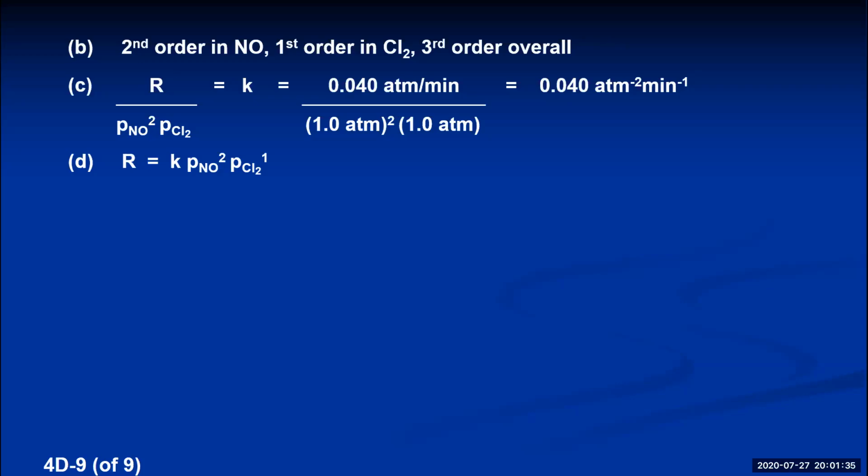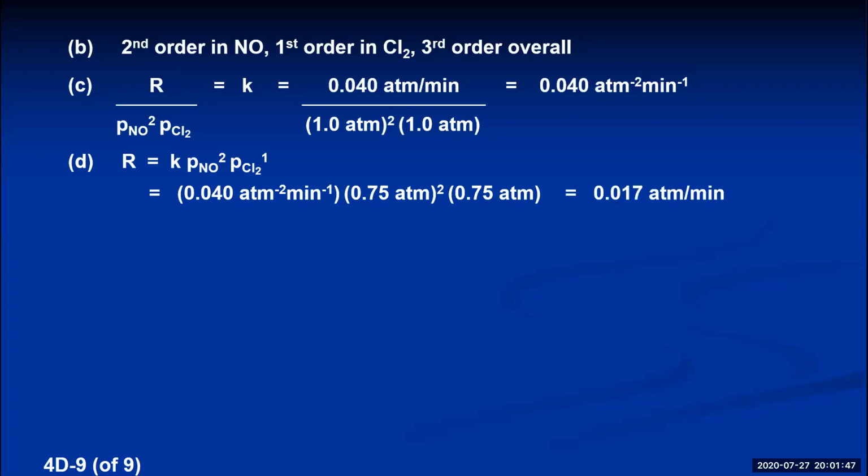The constant's 0.040, and the partial pressures are each 0.75. I'll square the nitrogen monoxide partial pressure. The units cancel out to give me atmospheres per minute, and this comes out to two significant figures, 0.017 atmospheres per minute. That's how fast the NOCl is going to be produced per minute.